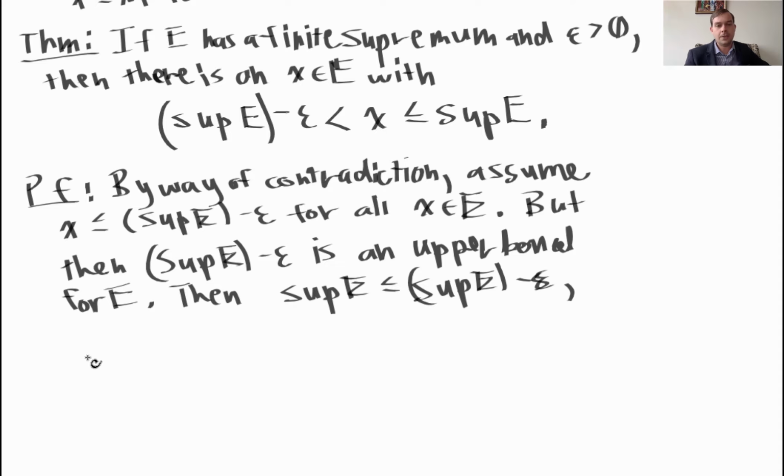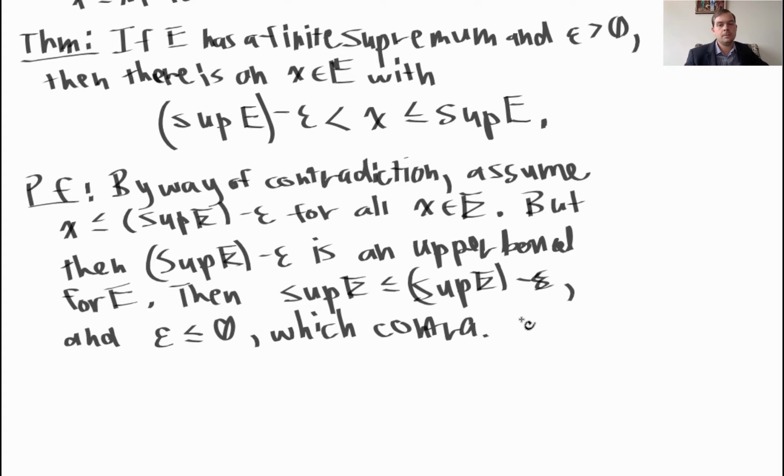And then if we use the additive property a couple of times to subtract off the sups and add epsilons, then epsilon is less than or equal to 0, which contradicts epsilon greater than 0. And we obtain the proof.